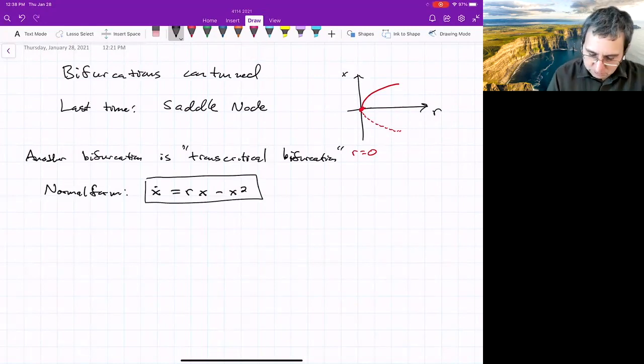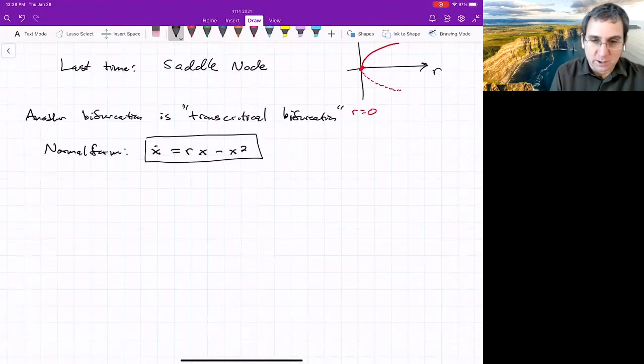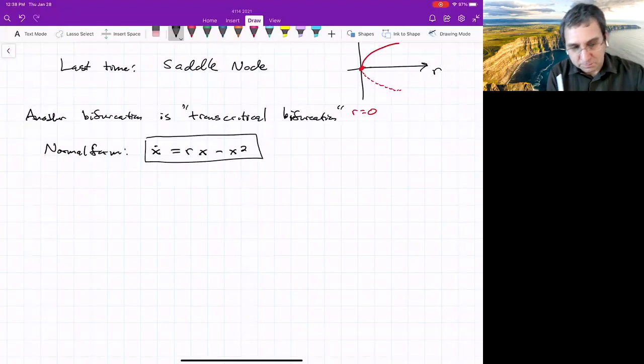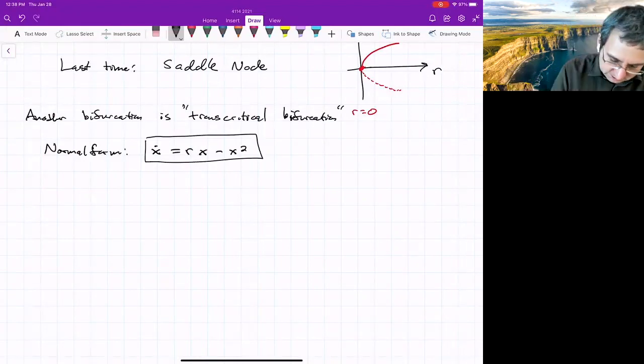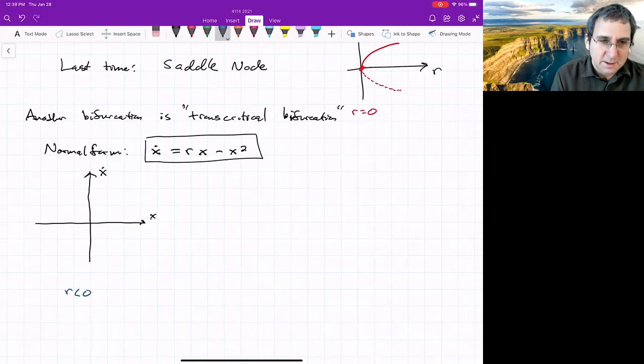If you were to plot this vector field for r negative, r equals 0, and r positive, you'll get an idea of what happens. So let's plot the three, plotting x dot versus x. What if we start with r less than 0? For r less than 0, this looks like a parabola.